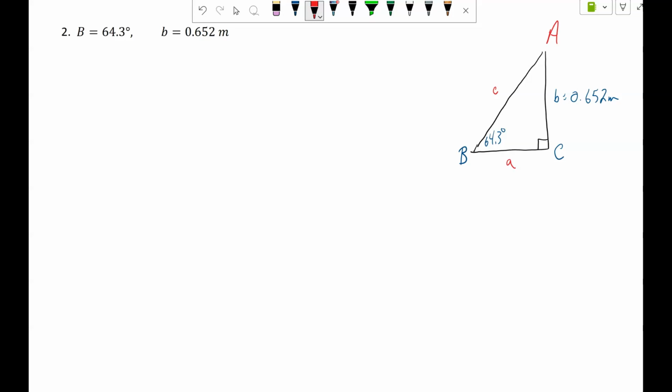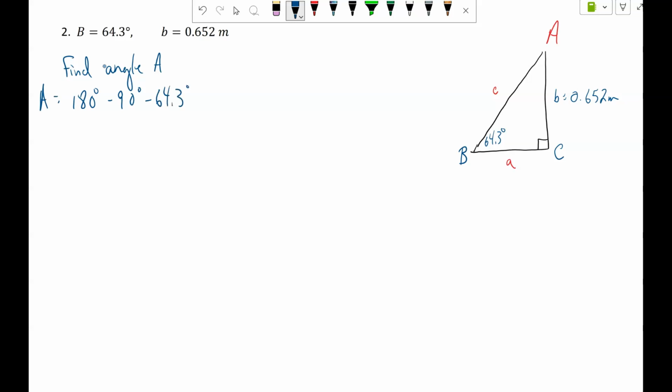However, we do have two angles. We have angle B and angle C. So I can find angle A by subtraction. I know that the sum of the three angles is 180 degrees. So A equals 180 degrees minus 90 minus 64.3.